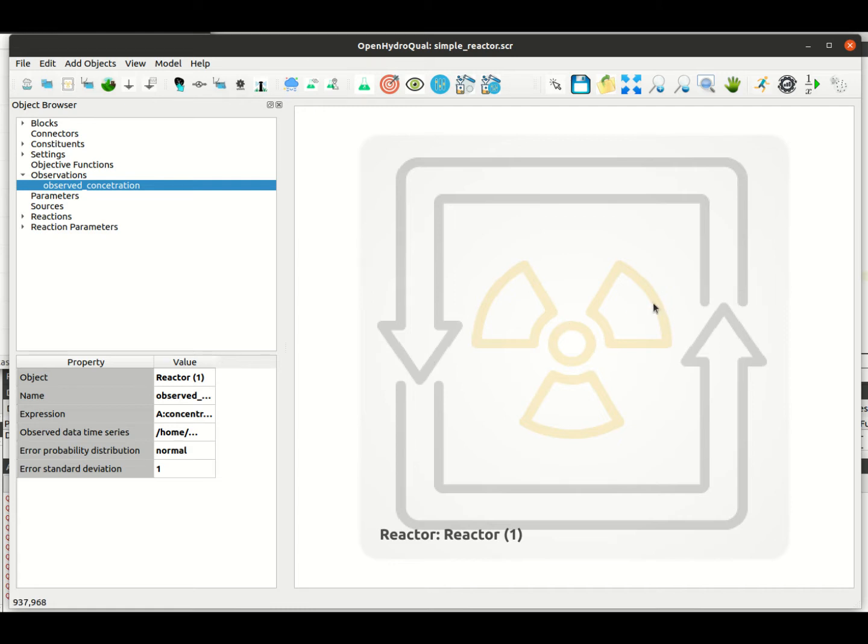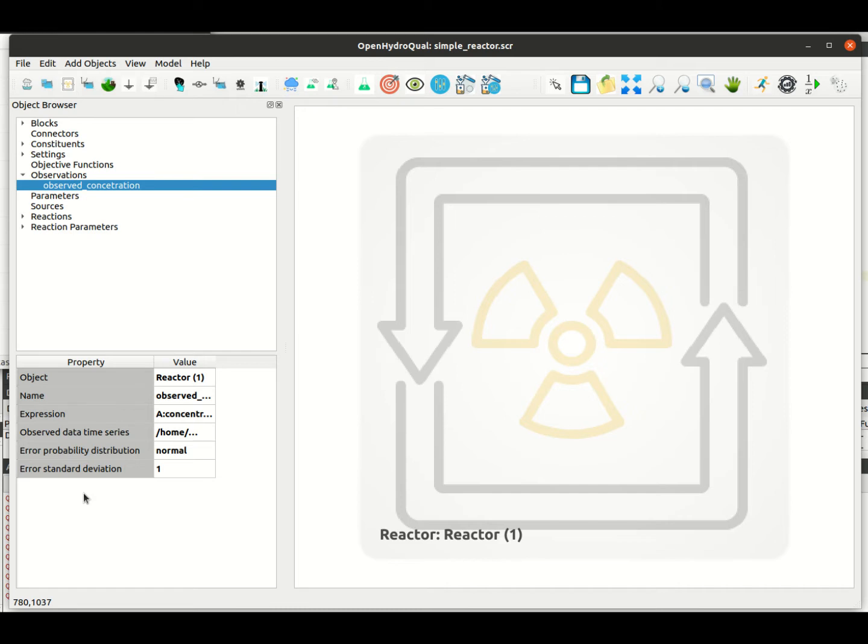Now in the case of deterministic parameter estimation, the value of the error standard deviation will not affect the value of the parameters, because basically all we are doing is minimizing the squared error, right? And since we only have one observed data, it doesn't matter what the error standard deviation is.